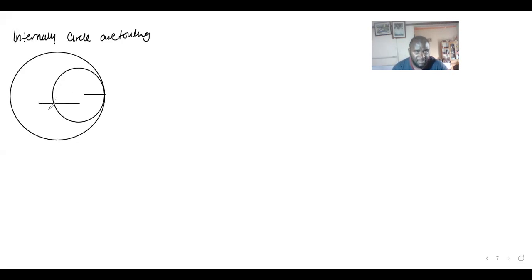So this can be having radius R1. This is center 1. To this one, center 2 is here. And this is R2.